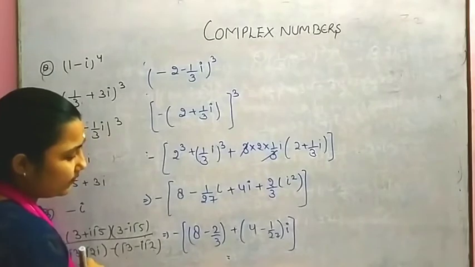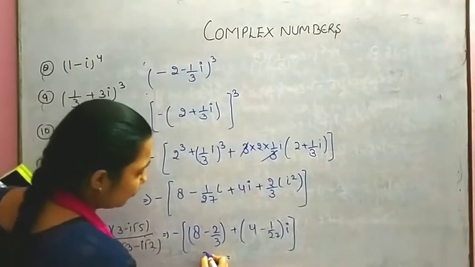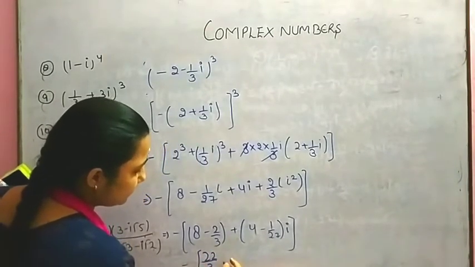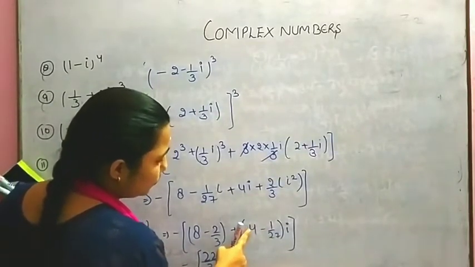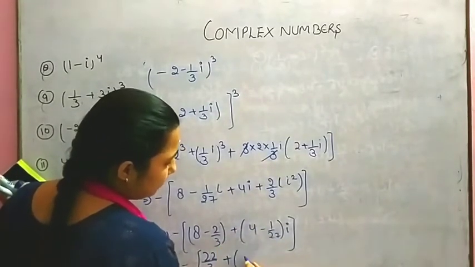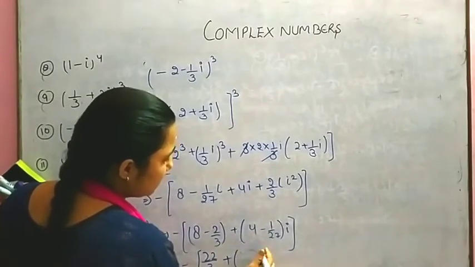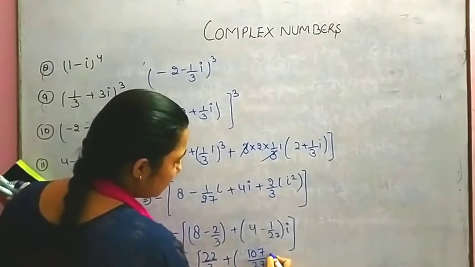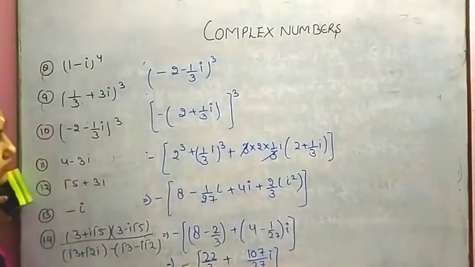Just taking LCM, we get 3 8s are 24, 24 minus 2, 22 by 3 we get, and then 27 multiplied by 4, 4 sevens are 28, carry 2, 4 twos are 8, 9, 10, 108 minus 1 we get 107, 107 upon 27 i. This is negative. Correct.